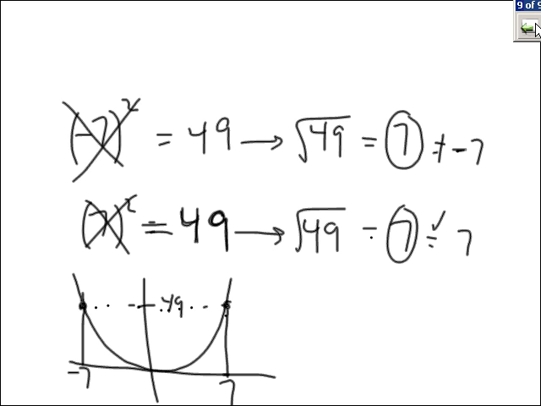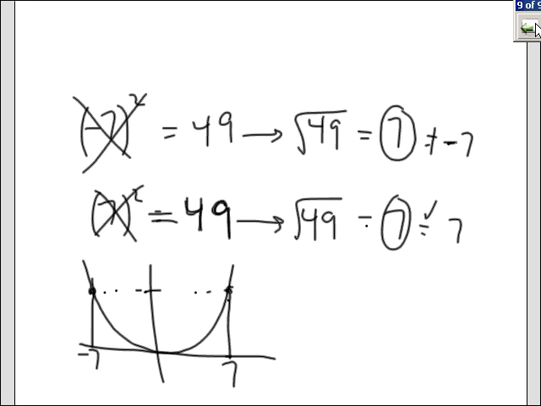It failed what's called the horizontal line test. I can draw a horizontal line and it crosses the graph in 2 places. This function does not have an inverse.